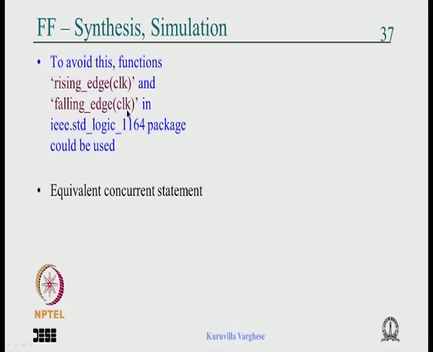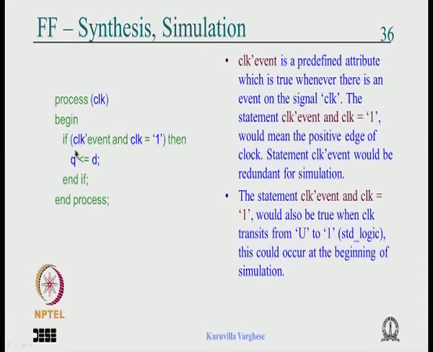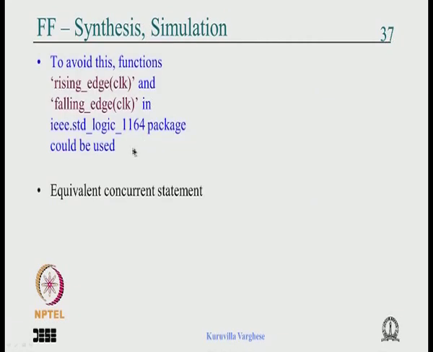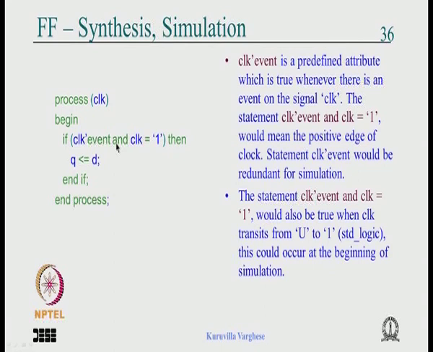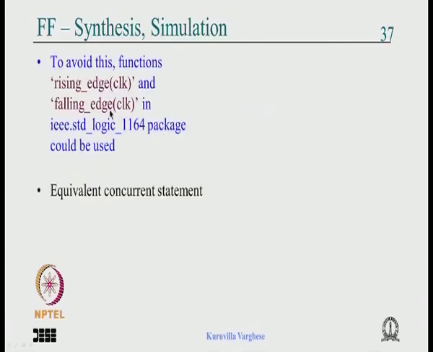Instead of writing if clock'event and clock is equal to 1, you write if rising_edge(clock), and the return value of that function is a boolean true or false. The only problem is that in terms of computation, each time this particular function is called.